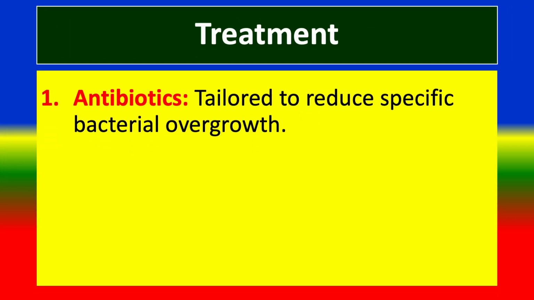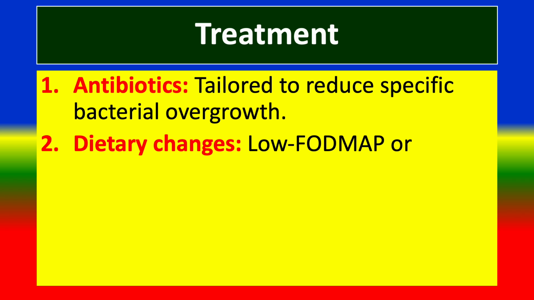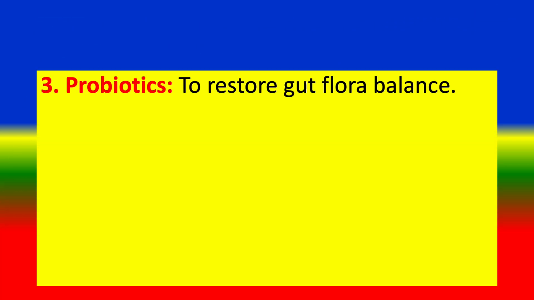Treatment options: first option is antibiotics tailored to reduce specific bacterial growth. 2. Dietary changes: low FODMAP or elemental diet to limit bacterial substrates. 3.